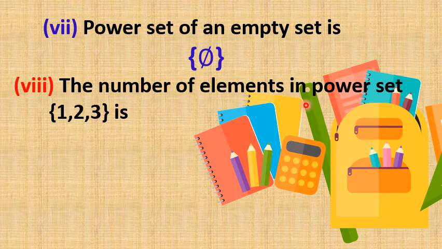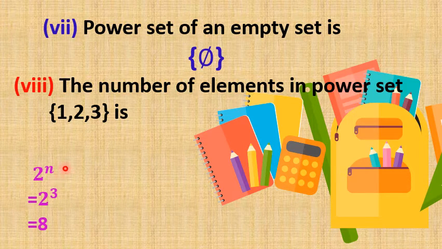The number of elements in the power set of 1, 2, 3 is, I told you the formula to find the number of elements in a power set. The number of subsets of a set is the power set. So the formula is this one, 2 power n. I told you n shows the number of elements. Here the number of elements is 3.